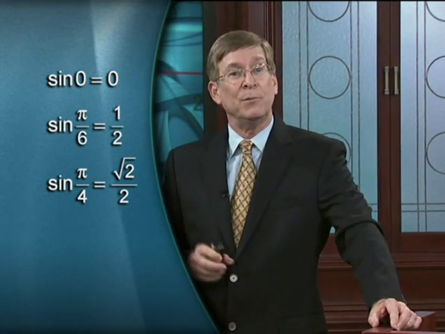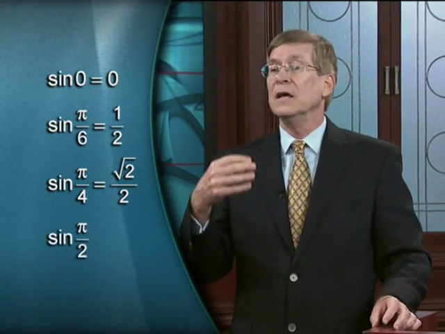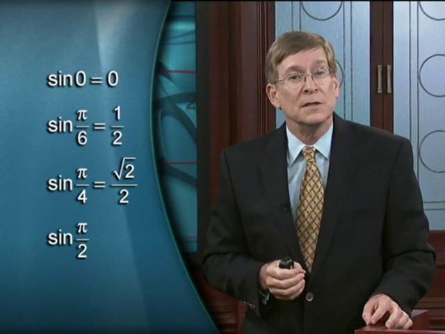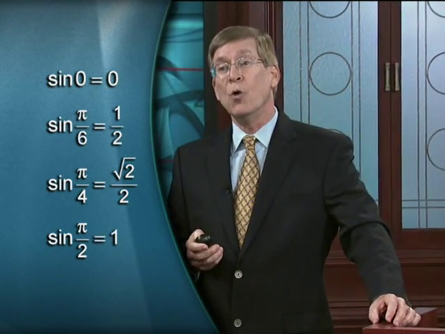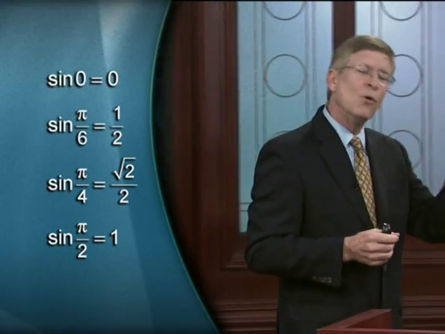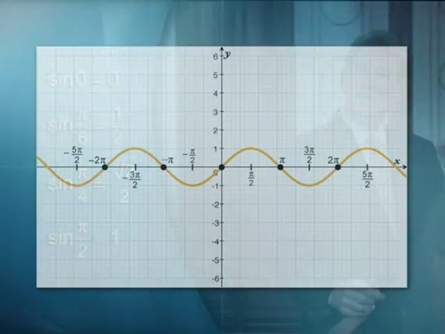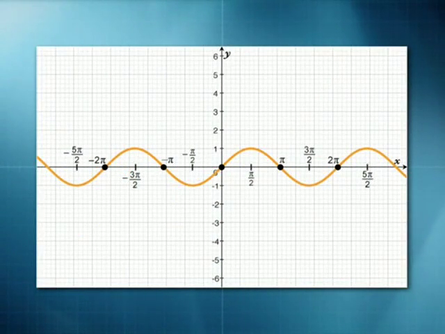So you would plot that point. And then you would plot, say, sine of pi over 2. And remember that that's equal to 1. And you would plot more and more points. Here I've indicated on the graph a few of those key points. And then you connect them with a smooth curve, and you get this very nice sinusoidal behavior, this periodic behavior.